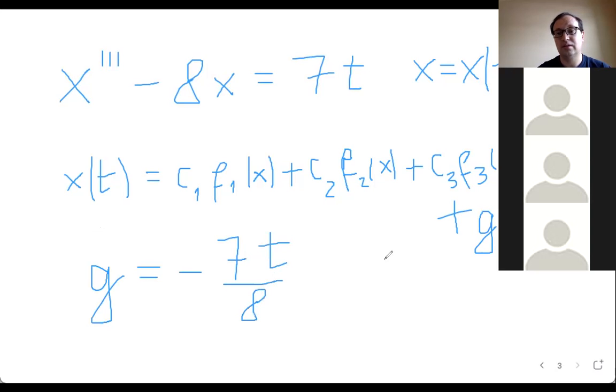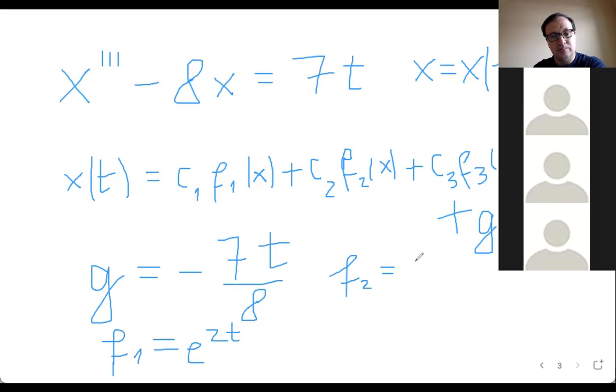So in any case, this is what the general theory of linear equations tells us. Maybe we can also say f1 is equal to e to the 2t, and f2 is going to be some combination of exponential and cosines.